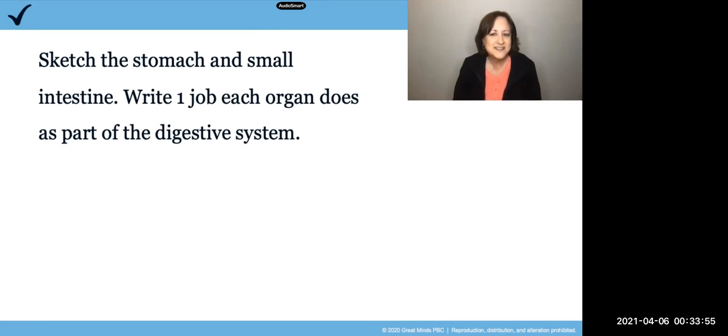As I read this section aloud about the small intestine, I'd like you to pause me as often as you need to so you can think about what's happening to the food in the small intestine. You might act some parts out with your hand and begin to draw the small intestine in your journal. All of those things will help you better understand what's happening in the small intestine.